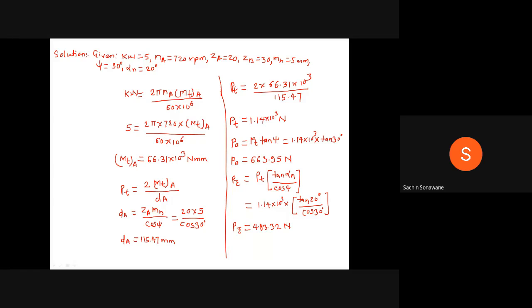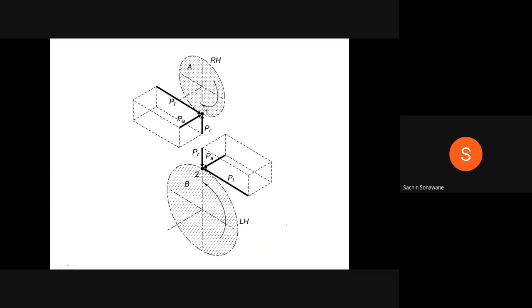Okay, I think you have written. Then we will see the diagram. Please draw the diagram. I will explain how these forces are there.